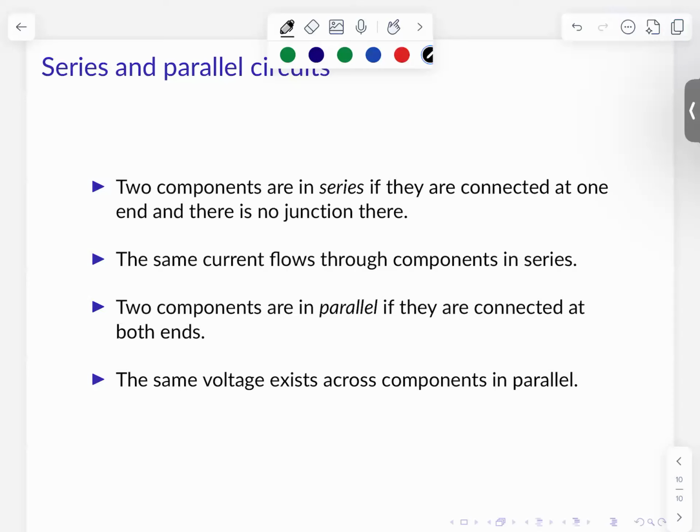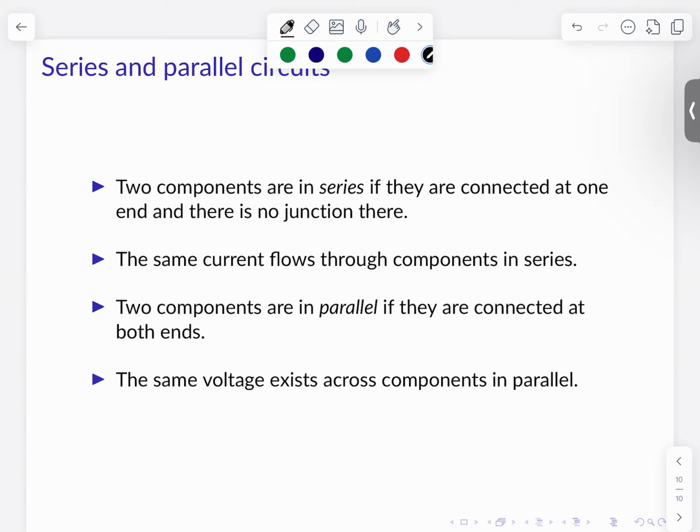Parallel means connected at both sides. So again, you must be able to know, recognize, define, identify. Series means the components are connected with no choice. Electricity leaving one has to flow into the other.